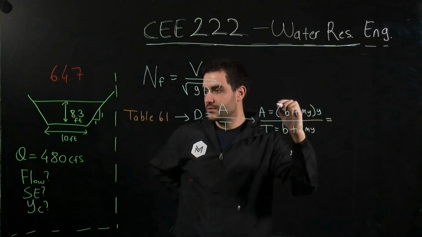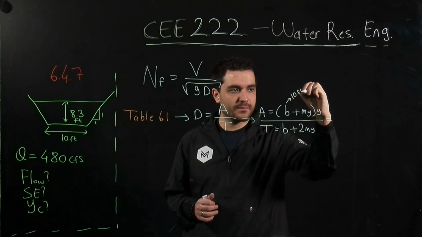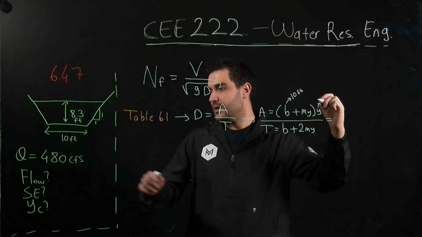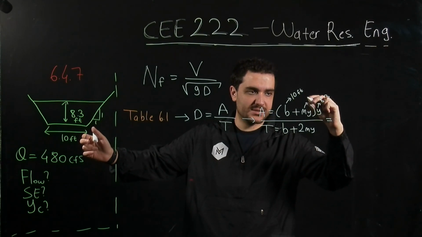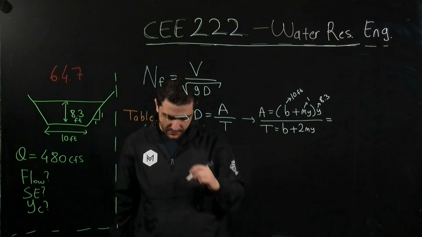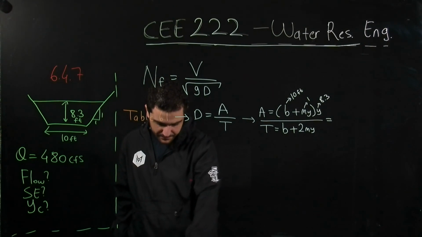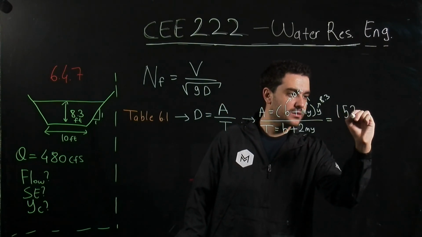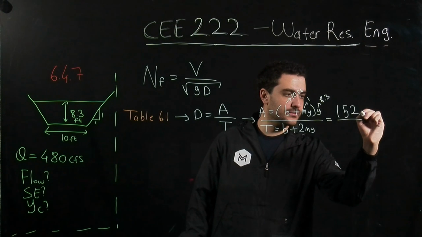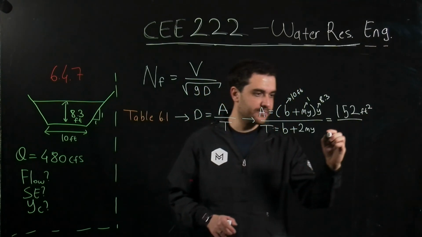Since we know the width as 10 feet, the depth is 8.3, and m was 1, this gives 152 square feet.